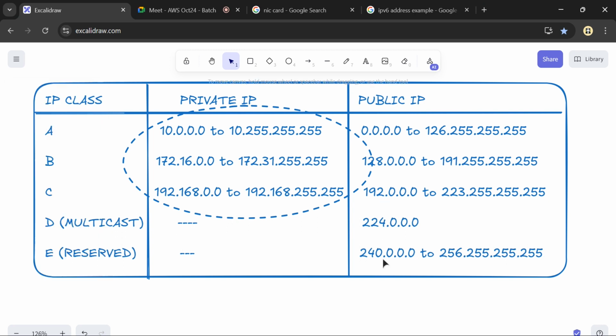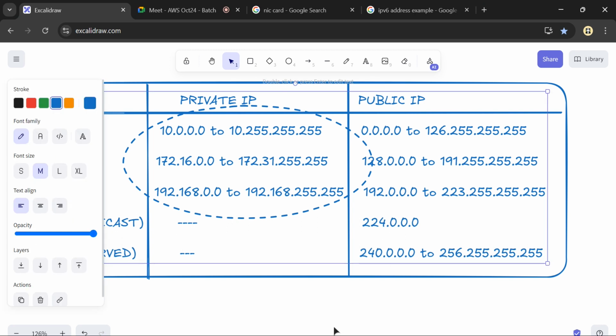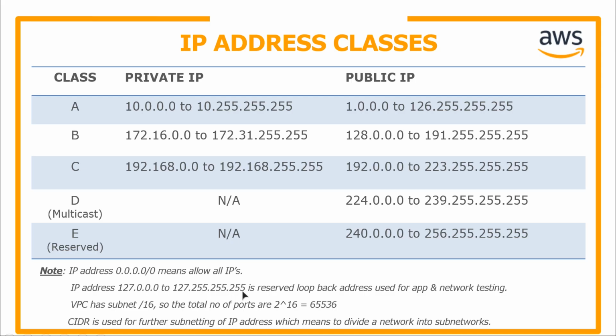Anyways, the 127 IP address is not visible in the table, and that is reserved for the loopback address, which is used for application and networking testing. So that 127 is a special IP reserved for networking and application testing.